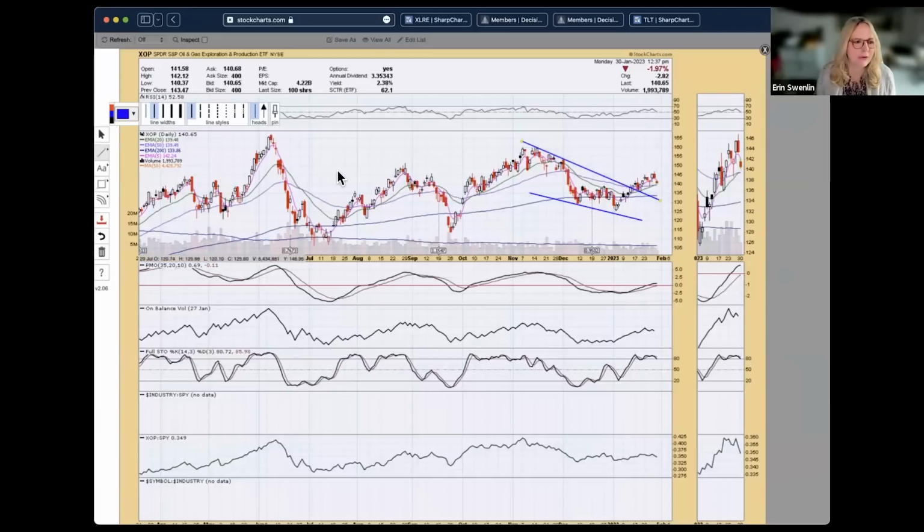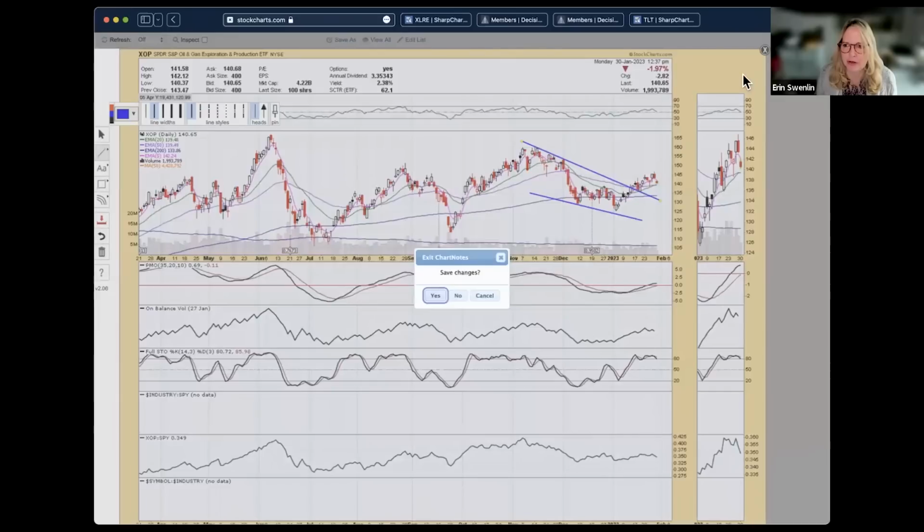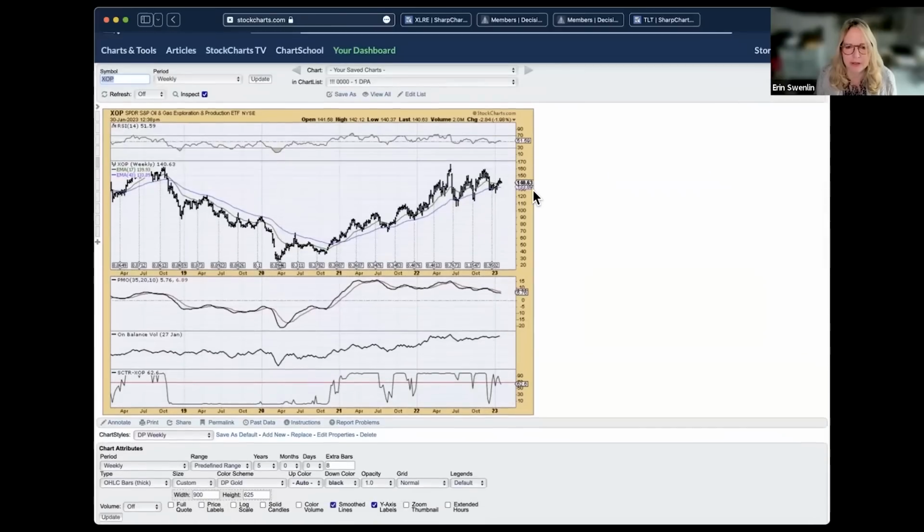Head and shoulders. So I would have to go to a weekly chart to discuss that because I don't see one right here, because I think I know what you're looking for. So head and shoulders are topping patterns. And so they need to come off of a rising trend, which kind of technically they are here. That would be your left shoulder, your head, and a right shoulder building.